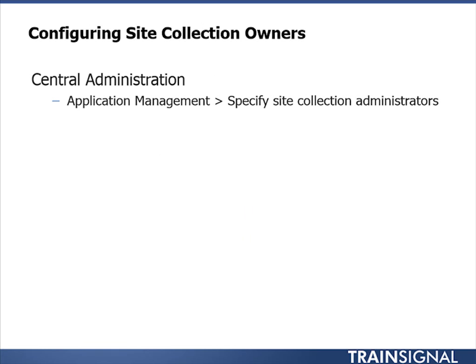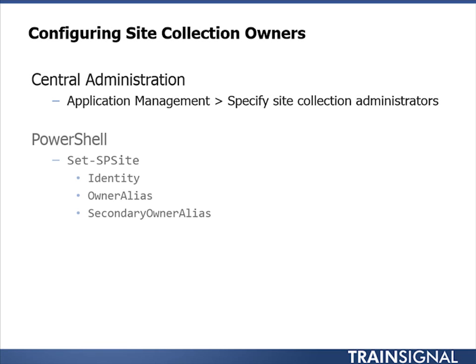Now, to create your owners through the UI, this is going to be done inside of Central Administration. What I'll do is I'll go to Application Management and then go to Specify Site Collection Administrators. Now, I know that the link is going to say Site Collection Administrators because they are Site Collection Administrators after all, but you really are truly creating owners.